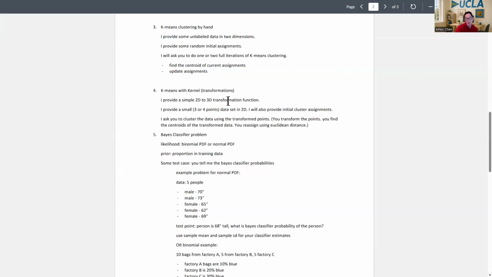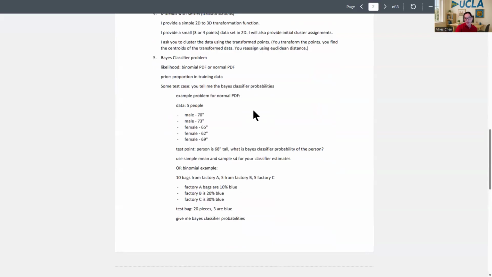I'll give you a simple function that will transform from 2D to 3D. Otherwise, with any higher dimensions, it just becomes too tedious. I'll provide just a few data points, and maybe initial cluster assignments. You'll transform them, calculate centroids and distances in the transformed 3D space, and then cluster them that way.